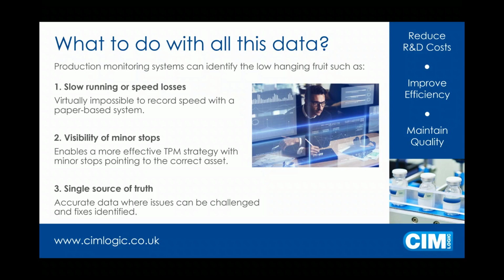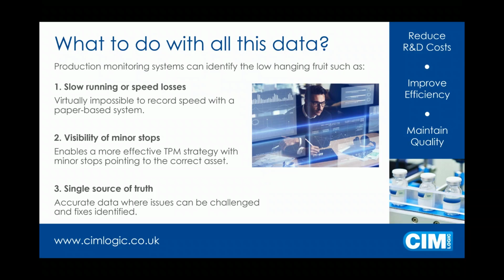So much so that in previous iterations, when you're running on a paper-based system, you might think that your worst performing asset was the blister pack machine, because it had the largest amount of breakdowns.